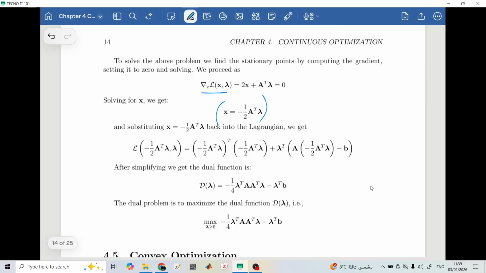Then we substitute back into the Lagrangian to get finally this form here, right? So this is the dual problem. We need to find what? We need to find the maximum of this dual problem, which constitutes the lower bound of the primal problem.